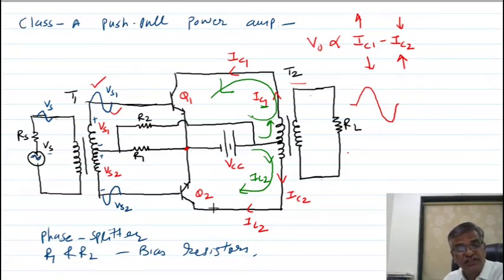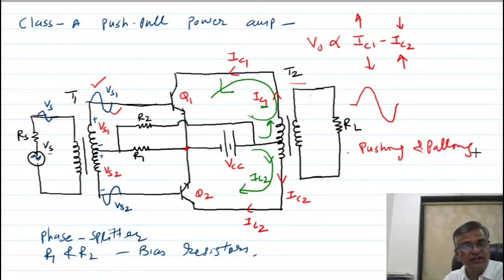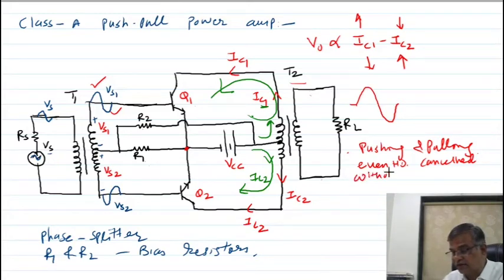So due to such pushing and pulling nature of the circuit, even harmonic distortion is cancelled without increasing odd harmonic. So you know now the one problem is also overcome.